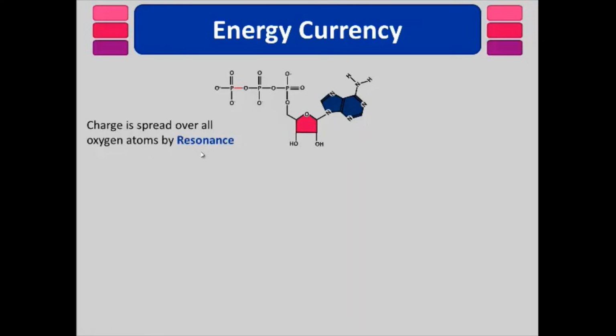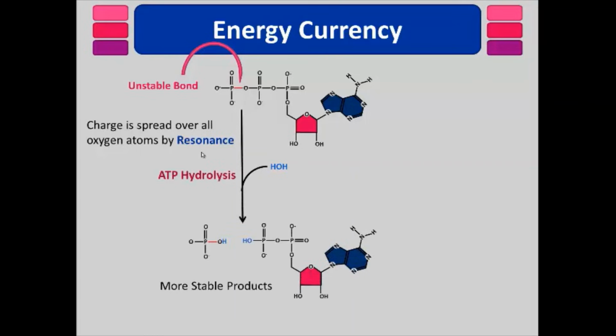Despite the resonant effect, the triphosphate group is still pretty unstable, and if given the opportunity, it will readily transfer its gamma phosphate to another molecule, allowing it to separate all those negative charges. When water is used to break and reform the gamma phosphate bond, it is called ATP hydrolysis.